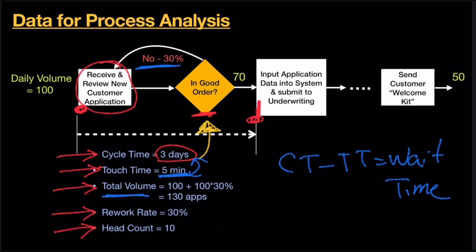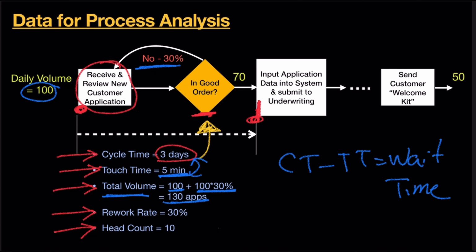Now notice the total volume is no longer just 100, because why? We put in 100, 30% of them get rejected and have to get reworked at some point in time. So this team that's actually receiving and reviewing a new customer application is actually reviewing 130 apps. They review the first 100, 30 get kicked back, that 30 comes in with the next 100.